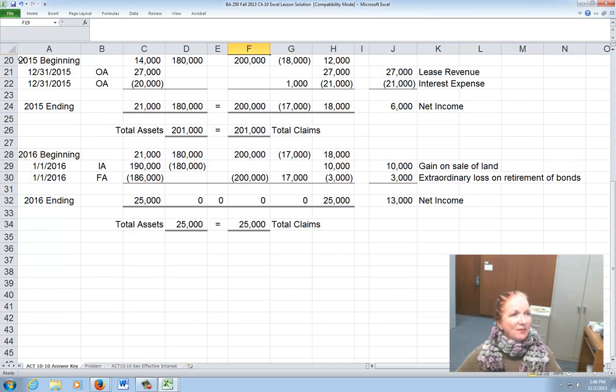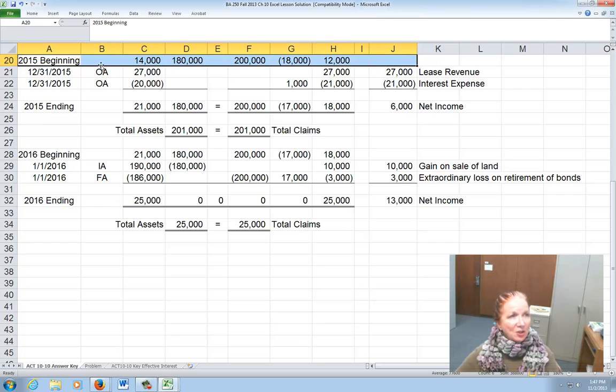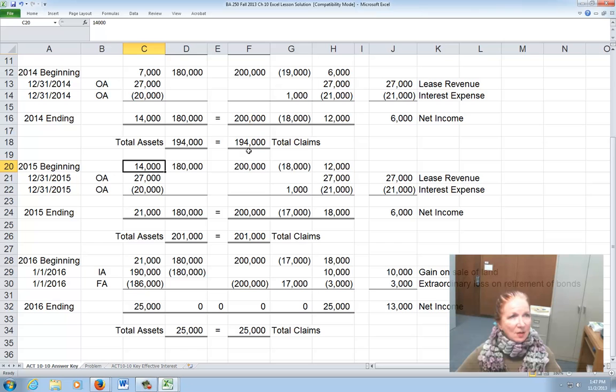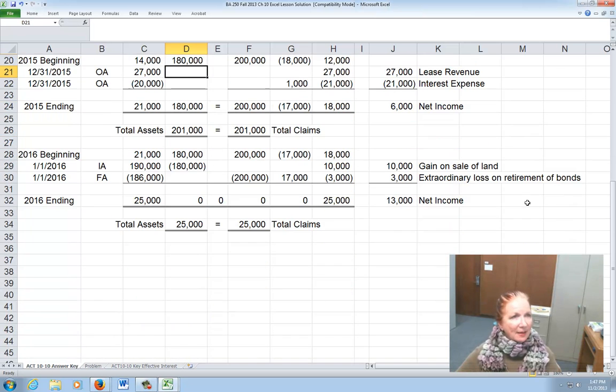Now here's 2015, and we have the same information. This is the beginning balance. These will come forward from those prior balances. So likewise, this one should say equal to that one, and this one should say equal to that one, etc., all the way through this. I'm going to pull that back up now.